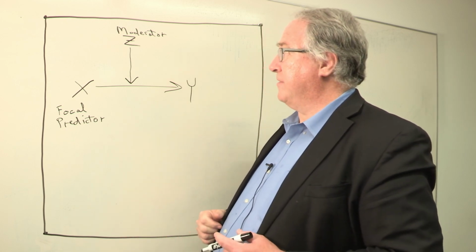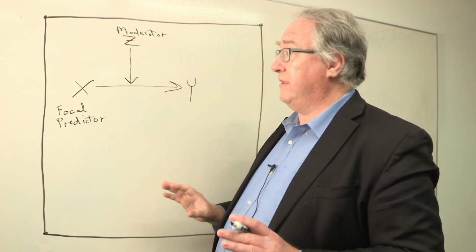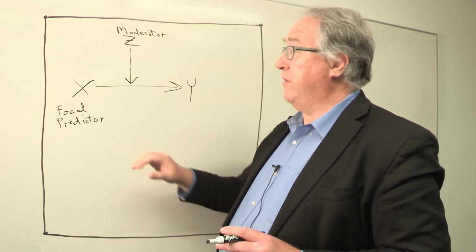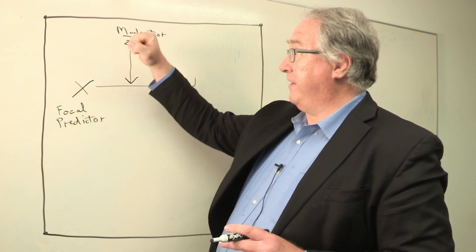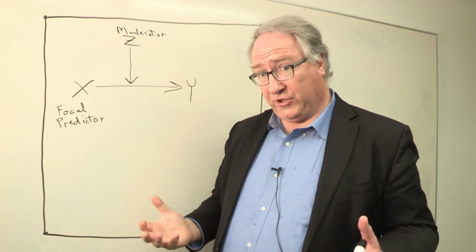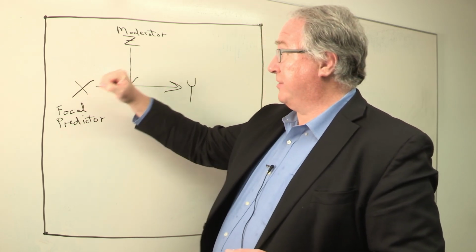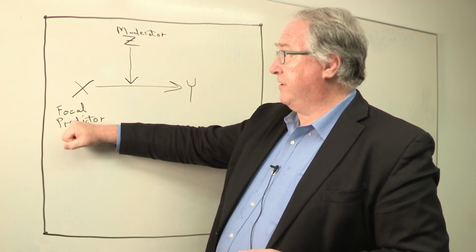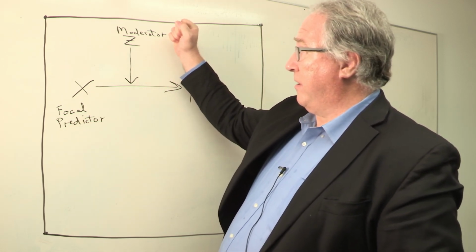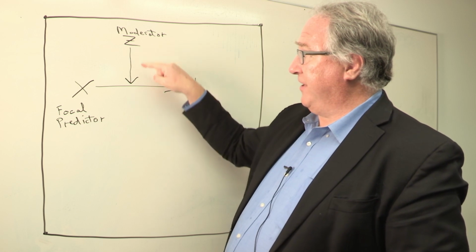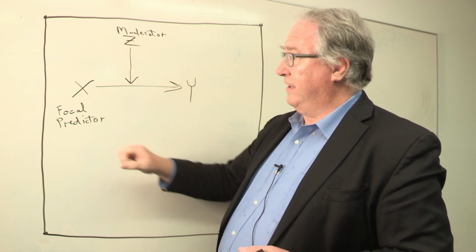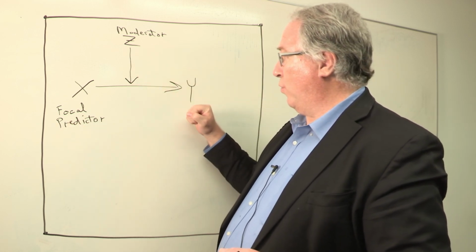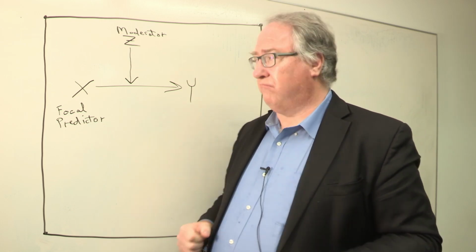So you do need to know the particular roles of the independent variables involved in the interaction you're testing. Here, in this x by z interaction, x is the focal predictor, and you're testing the moderator z to see if it's influencing the effect of the focal predictor on y, our dependent variable.